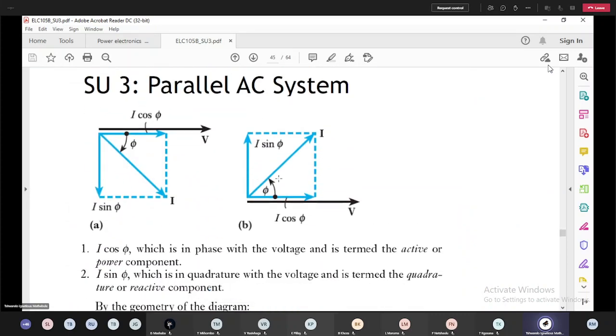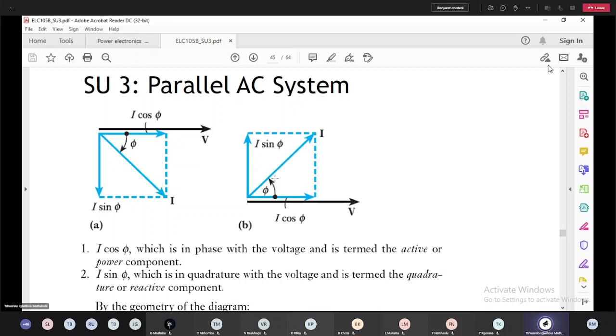Okay. So we want to look at some peculiar currents, not the straightforward currents that you have seen when you are working with either a resistor in parallel with an inductor or a resistor in parallel with a capacitor.